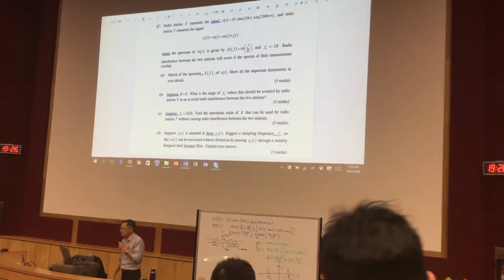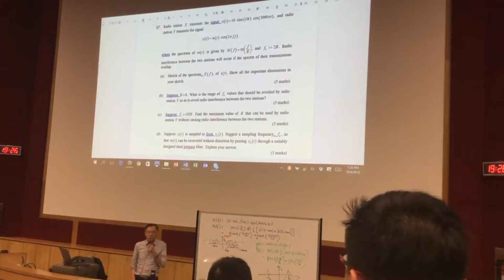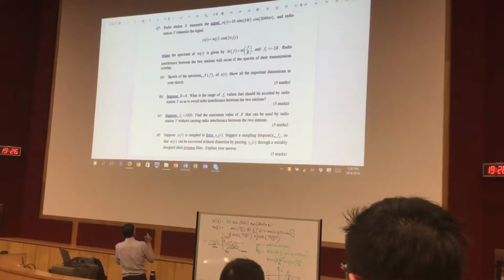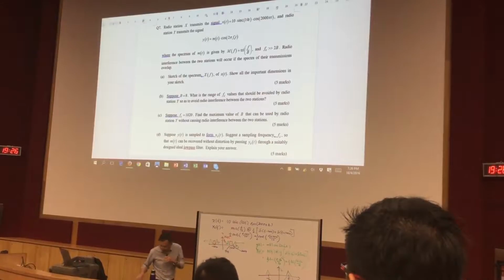Then part C. Suppose FC is 1020 hertz. Find the maximum value of B that can be used by radio station Y. So now let me just clean this up a little bit. Let me remove that.